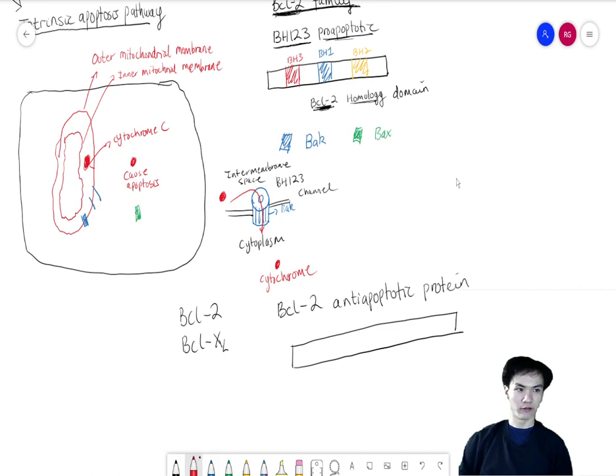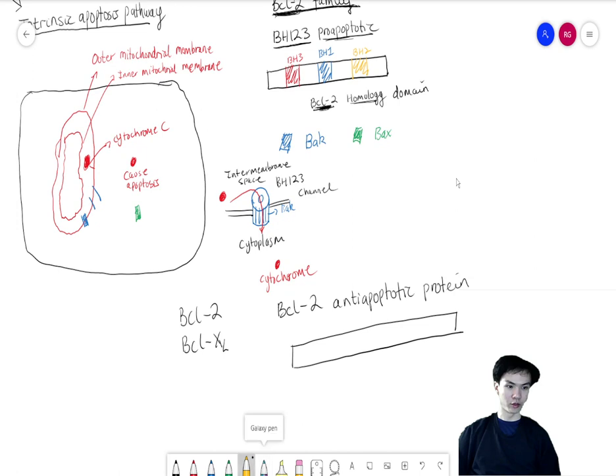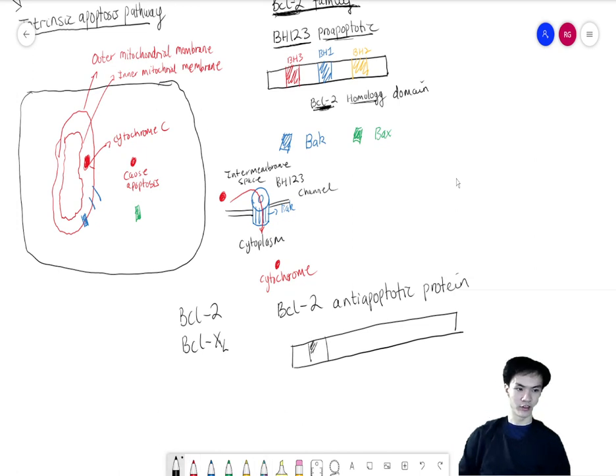In fact, they actually discovered four BH domains, or domains that were common to many other proteins of the same family. I'll use black for your BH4 domain. So here's the extra domain that's in the BCL2 anti-apoptotic proteins, but not in the BH3 123 pro-apoptotic proteins. You have your BH4 domain.